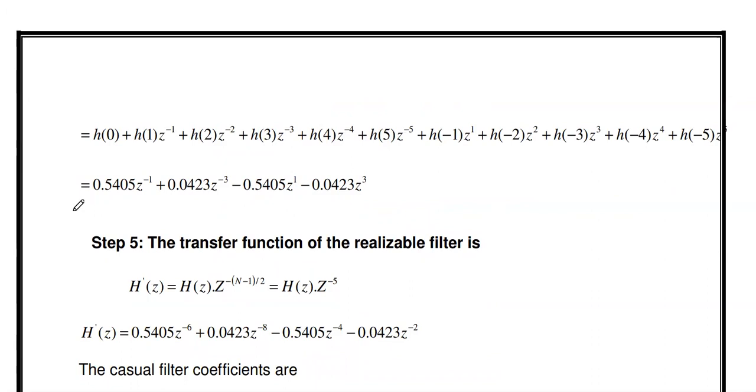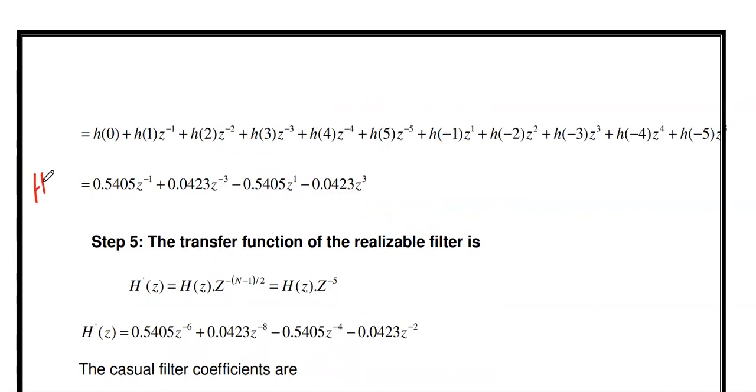So we get the transfer function H of Z equal to 0.5405 Z inverse plus 0.0423 Z power minus 3 minus 0.5404 Z power plus 1 minus 0.0423 Z power plus 3. You see this transfer function has negative Z power as well as positive Z power, so it is not physically realizable.